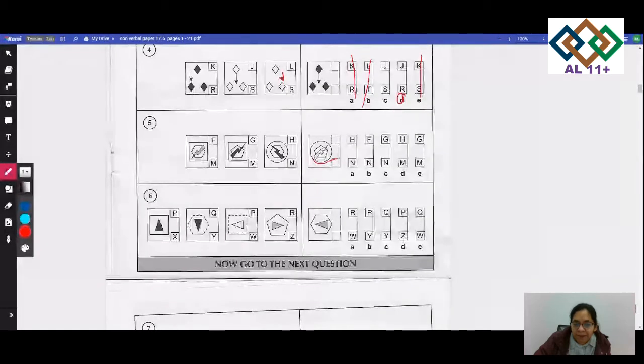And if you look at the inside shape, it's going this way, and this one is going this way. So what do you think it could be?